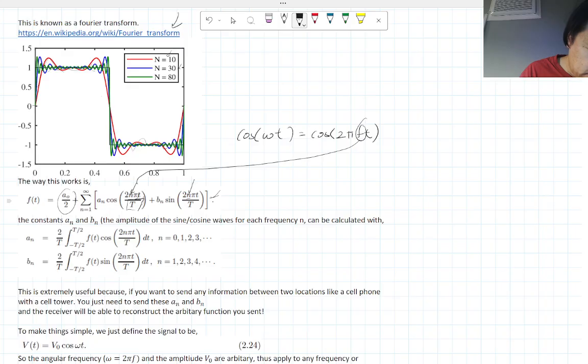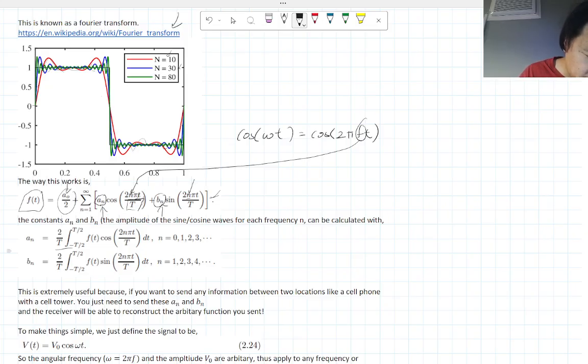And what happened is that these A's and B's are actually going to be the amplitude for each of the frequency of the wave you're adding into it. And that way, if you want to represent any periodic function, all you have to do is calculate what these A's are: A0, A1, A2, A3, and then all the B's for the sine function.